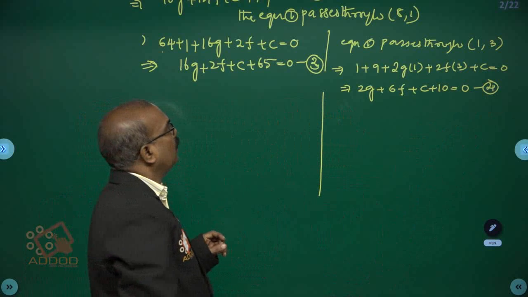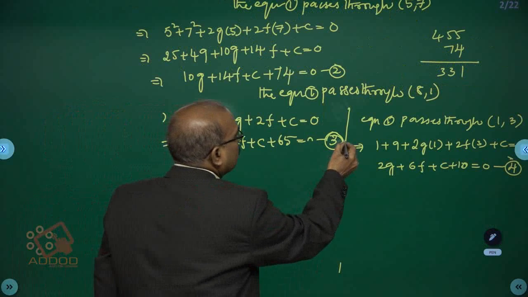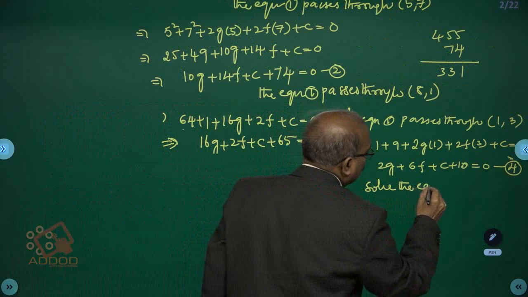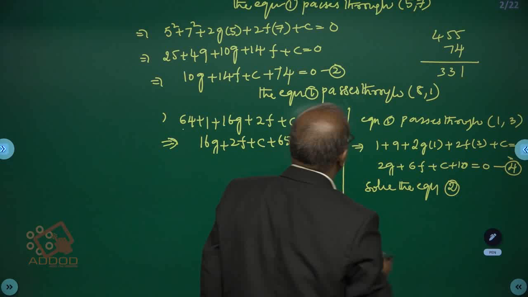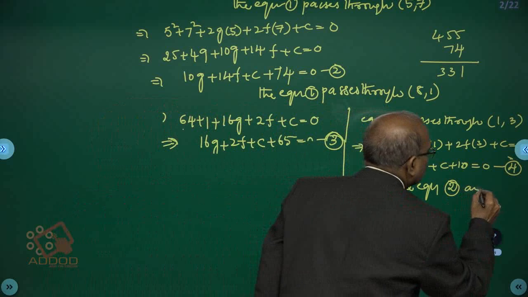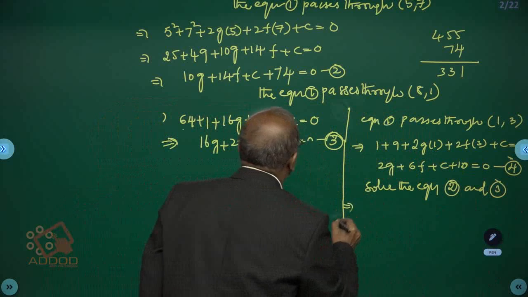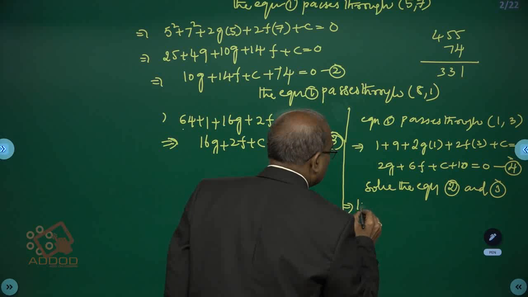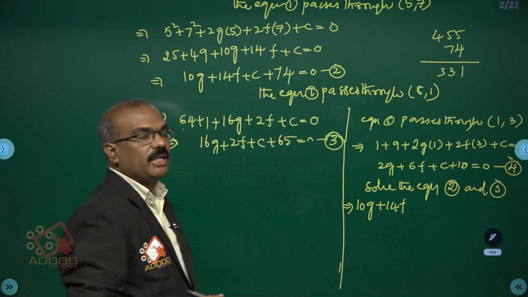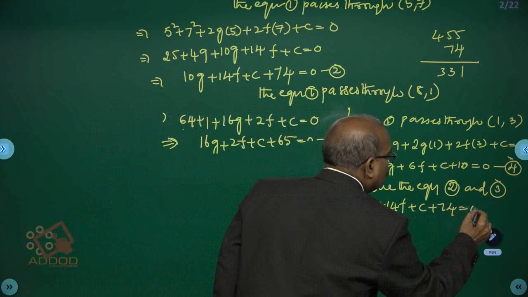Right. So now let me solve equation 2 and 3. Equation 2 is 10g plus 14f plus c plus 74 is equal to 0.